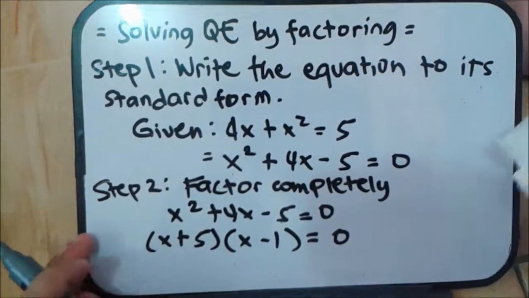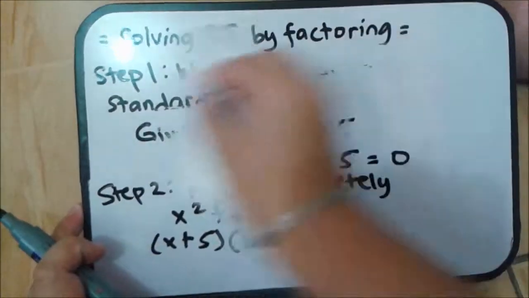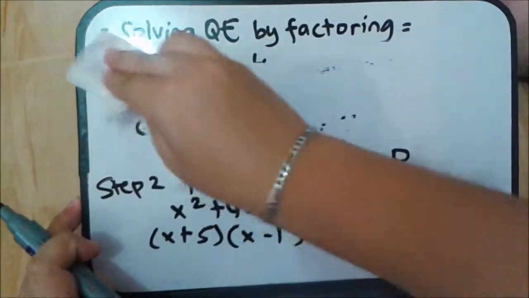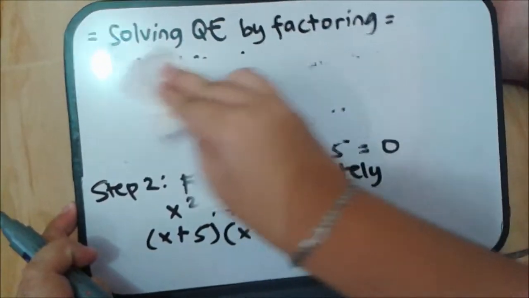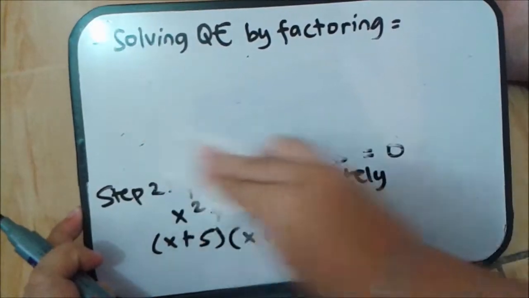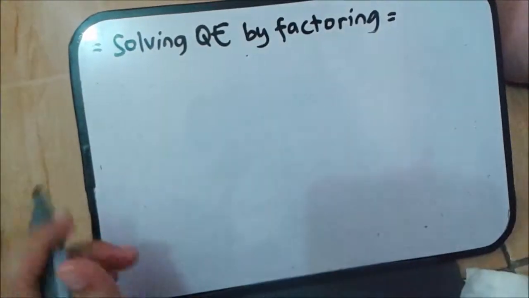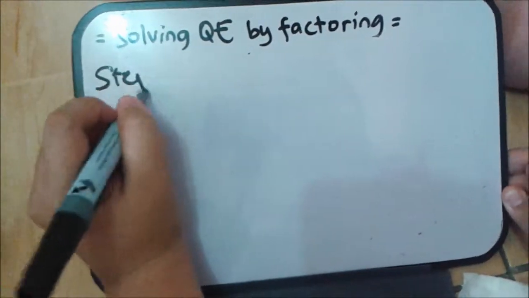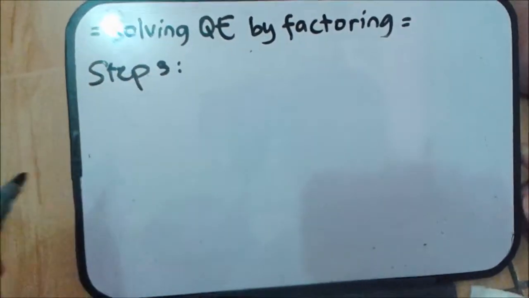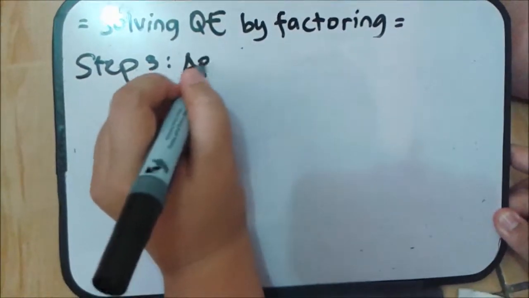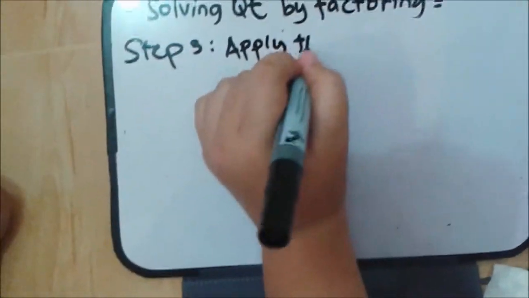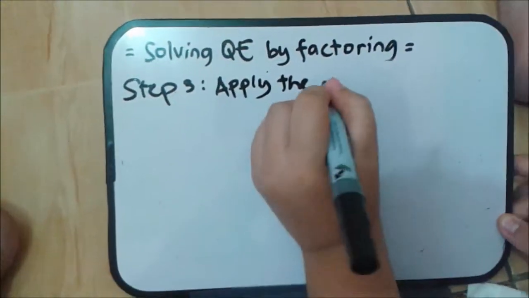Step number 3: apply the zero product rule.